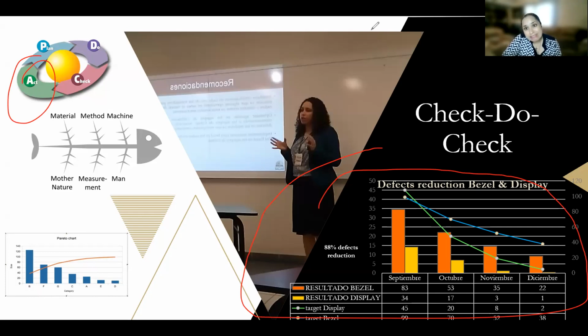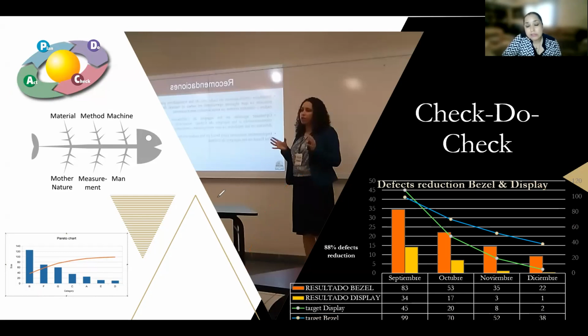I can only translate this in the terms of thousands of dollars that were saved just because of introducing some new fixtures to the way that it was assembled, to the assembly line.